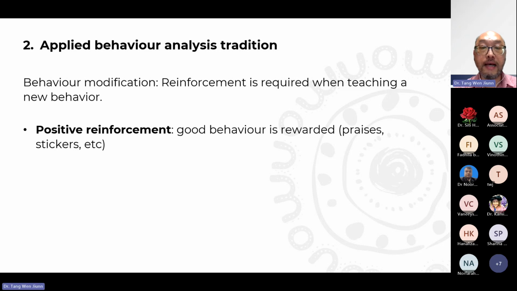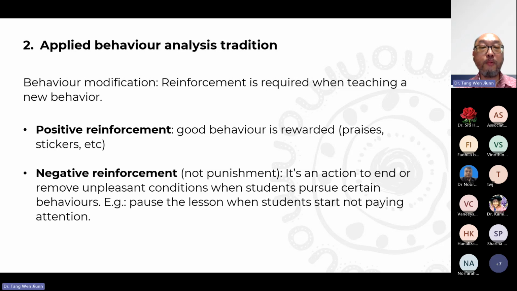The method uses positive reinforcement: praises, small tokens. When certain behavior is exhibited by the students, we show that we appreciate they are doing what we expect them to do.